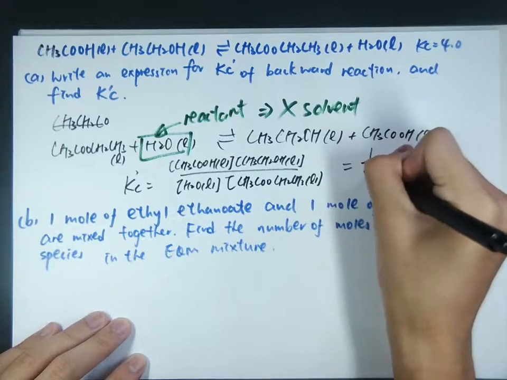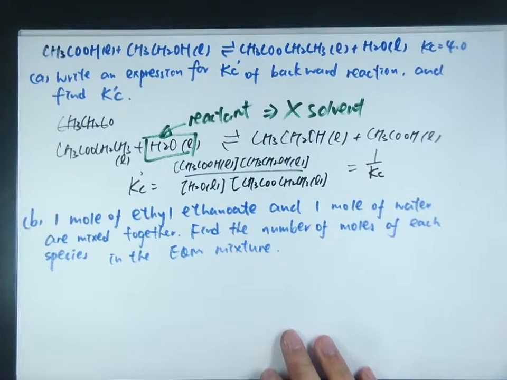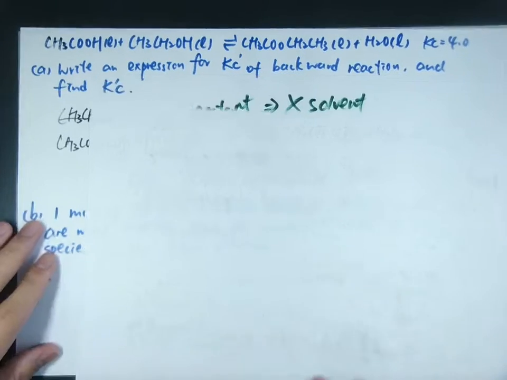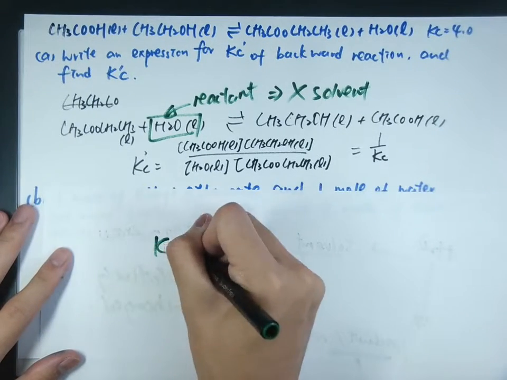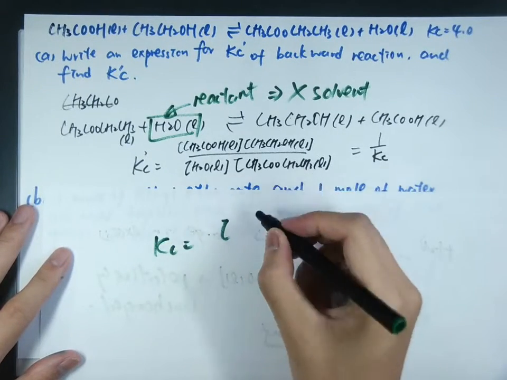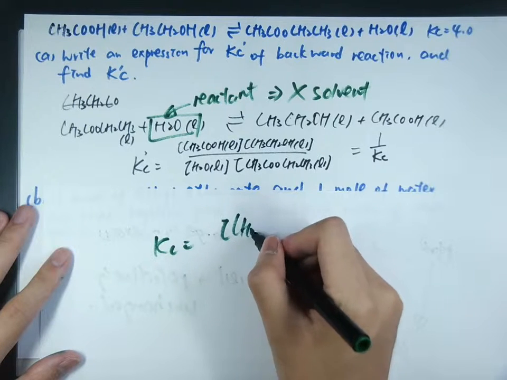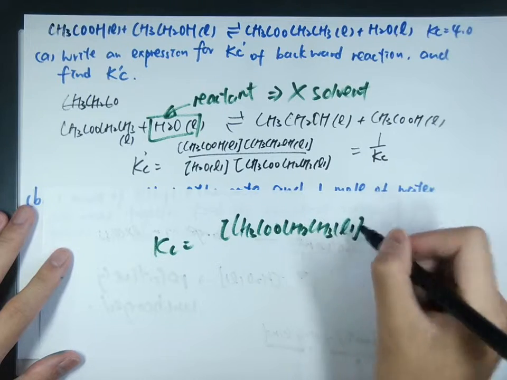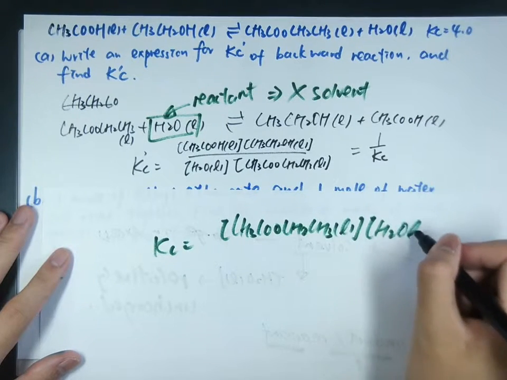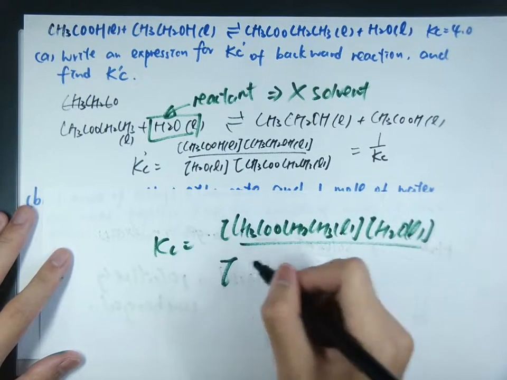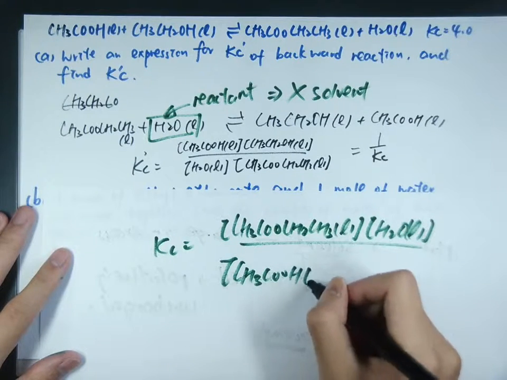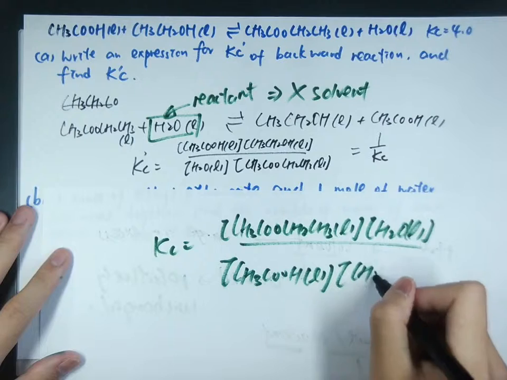Why is it 1 over Kc? Because the original Kc would be like this. Original Kc would be like this.